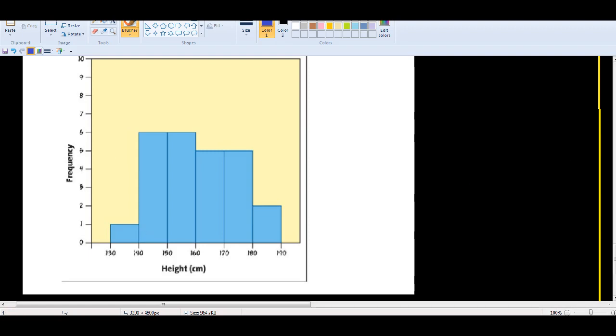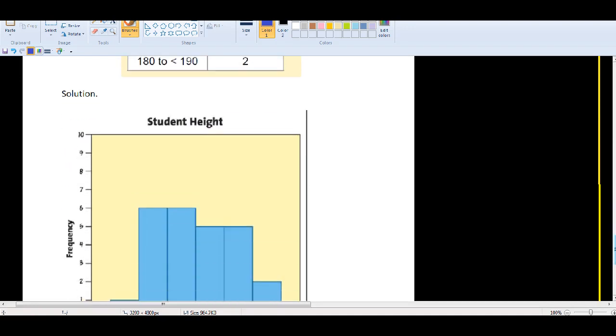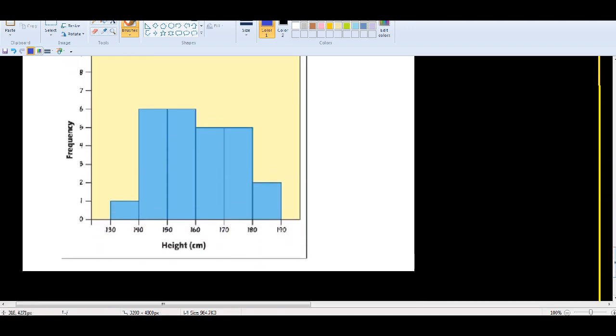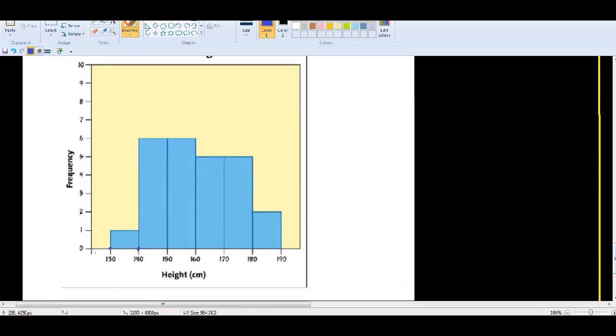But since this is continuous data, normally you need to write two numbers, one on the left boundary of the bar, the other on the right boundary of the bar. For example, the first interval is 130 to 140. So the first bar you need to write 130 to 140.